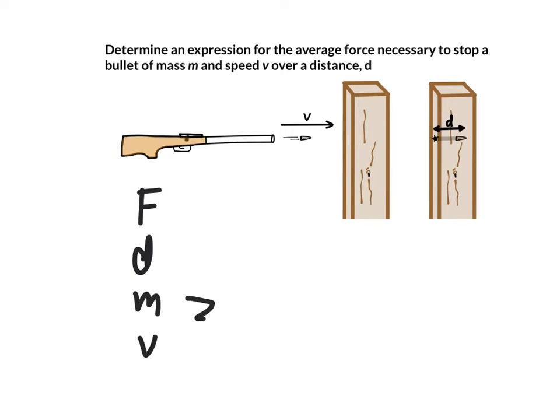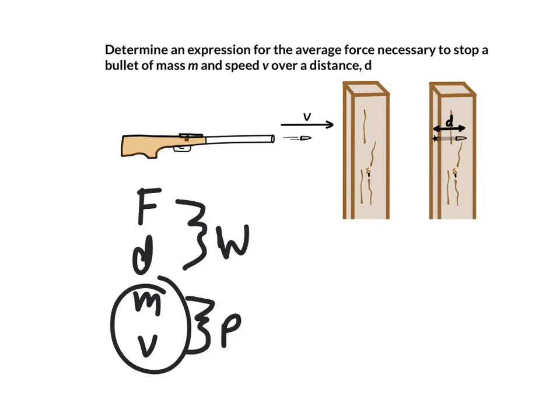Now that could be tempting because we see m and v and we say, oh, it might be a momentum problem. But force and displacement make up work. Work is a transfer of energy. And we also have m and v in our kinetic energy formula. So let's use an energy strategy.